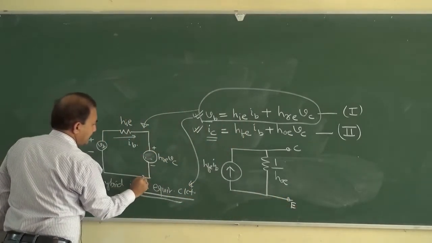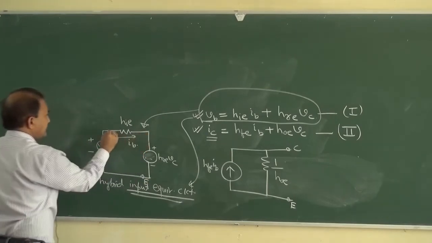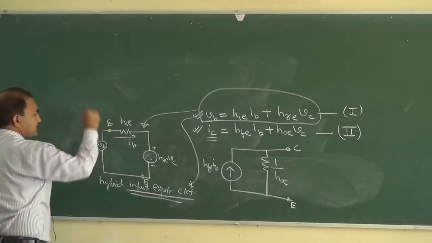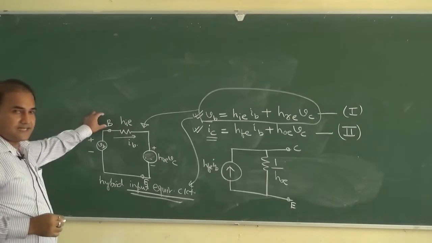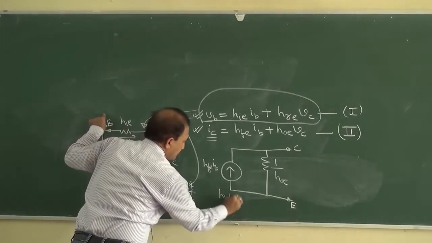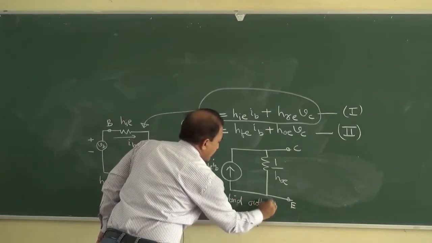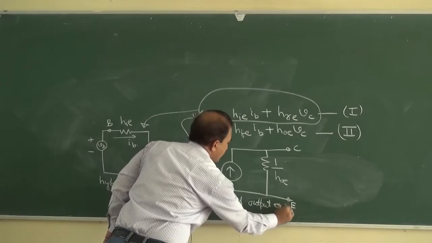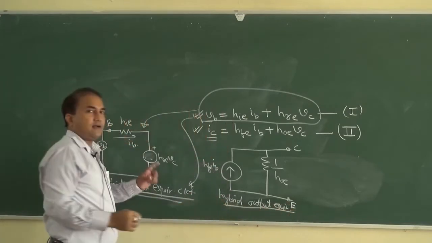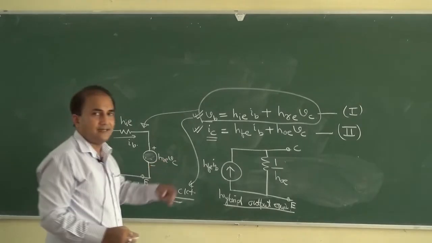Similarly, here it is the emitter terminal and this is the base terminal. This is the hybrid output equivalent representation of the BJT.